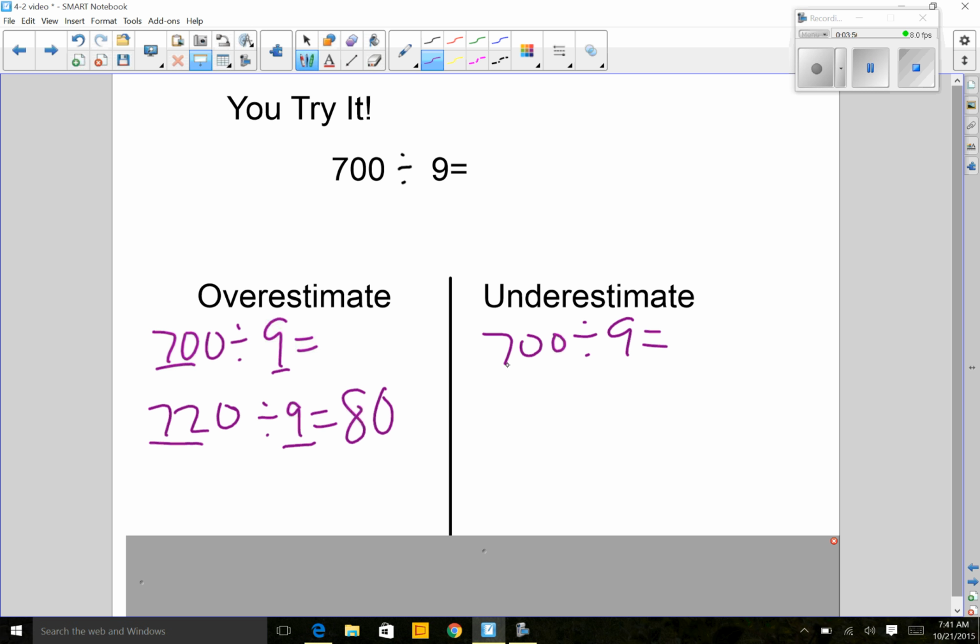For my underestimate, I'm going to go lower than 70. Every ninth number is divisible by 9, so in this case it would be 63.